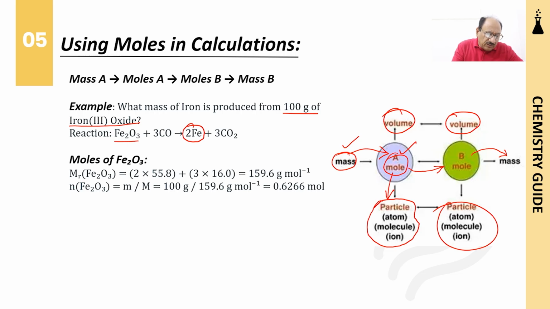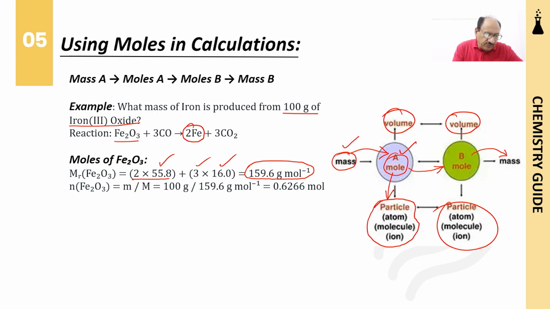These are 2 into 55.8 for Fe, which is the relative atomic mass of iron multiplied by 2, and relative atomic mass of oxygen multiplied by 3, and we'll get 159.6 grams per mole, molar mass we can say.